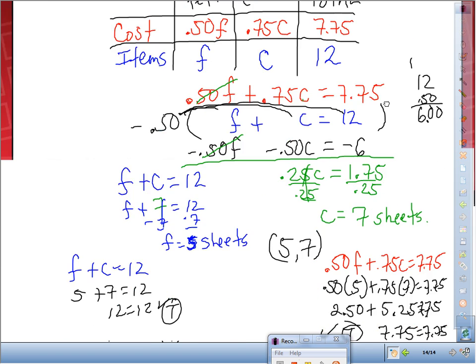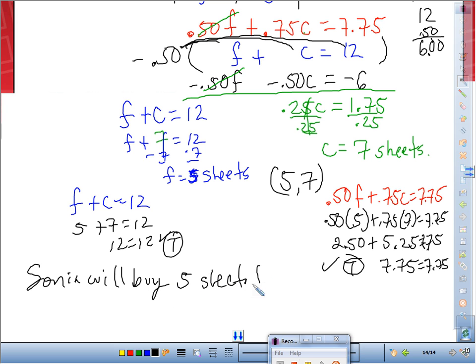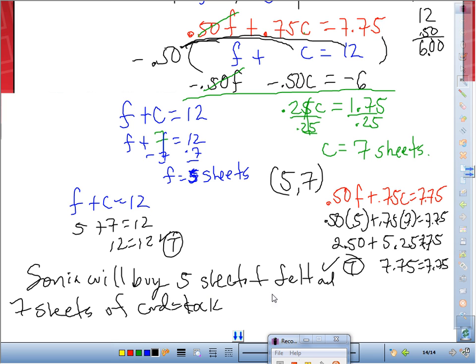So Sonia will buy 5 sheets of felt and 7 of cardstock. Everybody got it?